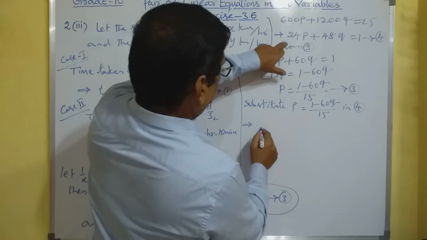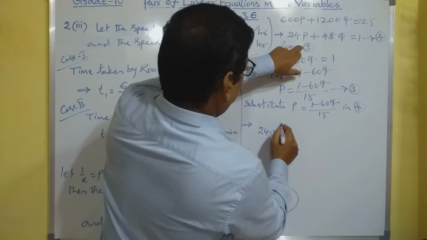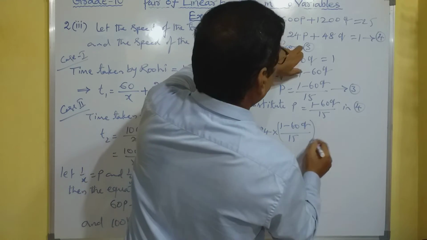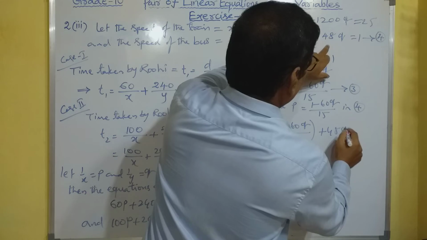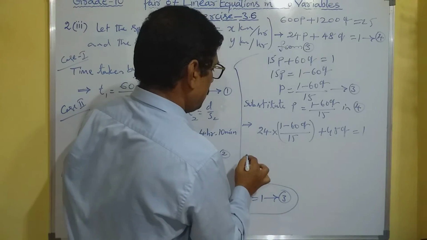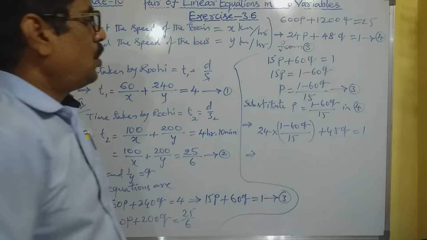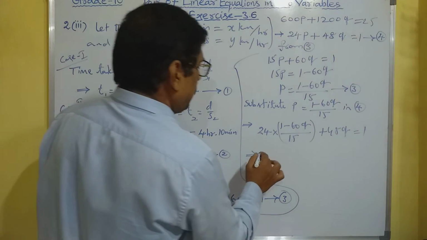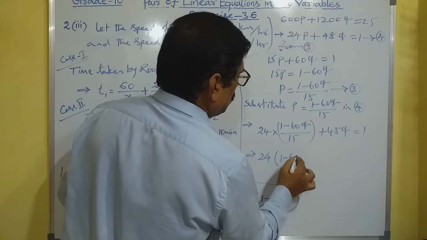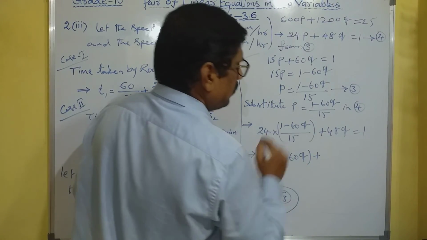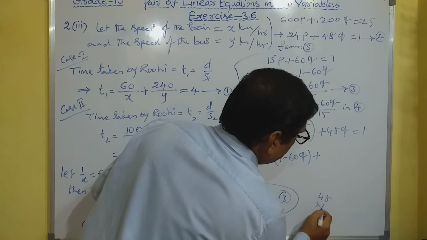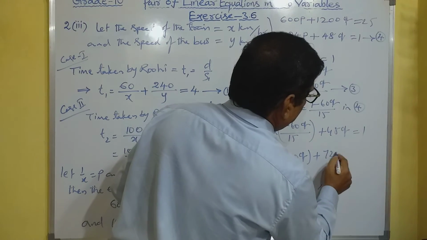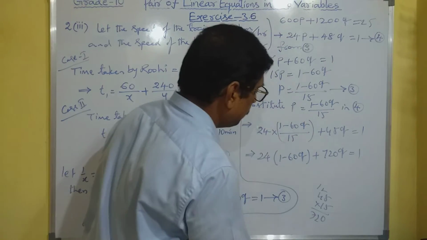This implies 24 into p value, 1 minus 60q whole by 15, plus 48q is equal to 1. Now in order to avoid the denominator 15, let us multiply with 15. 24 into 1 minus 60q plus 48 15s, 15 8s are 120, that is 720q is equal to 15.